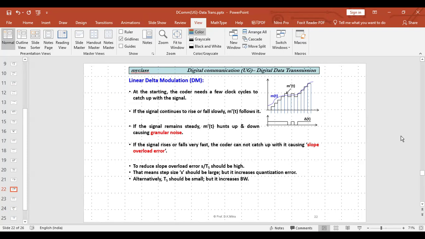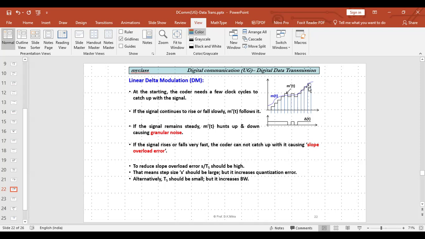In linear delta modulation, you have observed, just look at this area of the curve, that the system is designed in such a way that if the signal is rising or falling, whatever it is, this particular picture is in the rising form. When the signal is rising, the accrued signal in the system is also rising, but step by step.